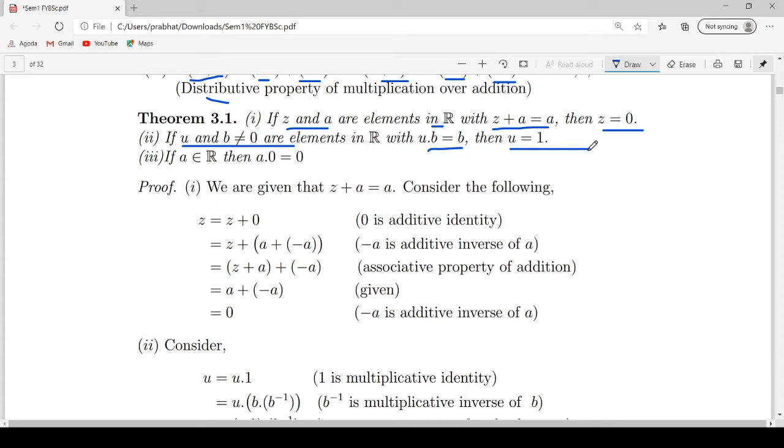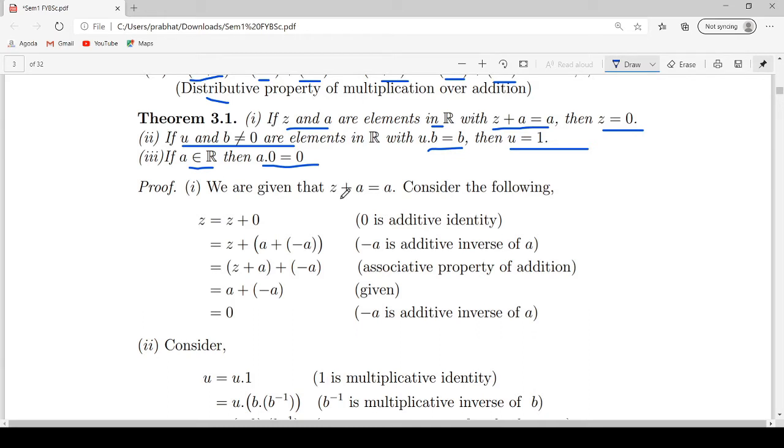It proves that multiplicative identity is also unique in our set of real numbers R. And third property states that for every A in set of real numbers R, A dot 0 is equal to 0. That means if a real number is multiplied by 0, it will be equal to 0. Let's try to prove it one by one.